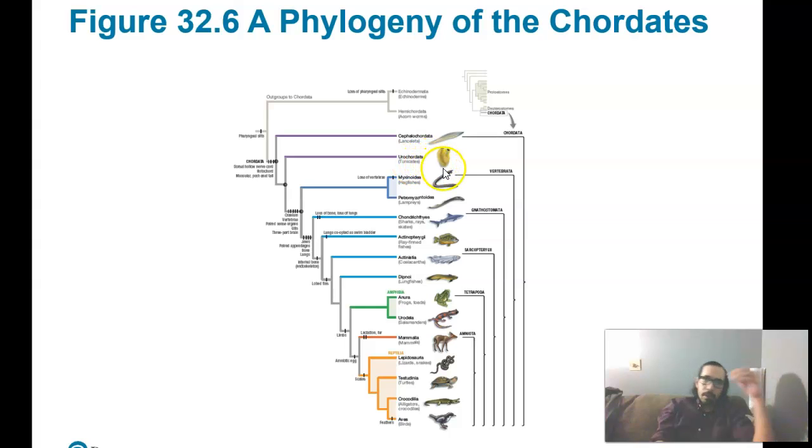Okay. So here, this is telling you that the urochordates or the tunicates are the sister taxa to vertebrates. Okay. So they're more closely related to vertebrates than the cephalochordates. Okay. And also, if you look up here, the echinoderms and also the hemichordates, like the acorn worms.